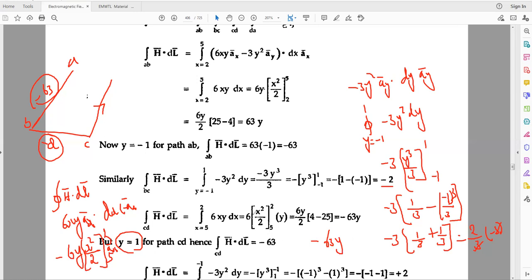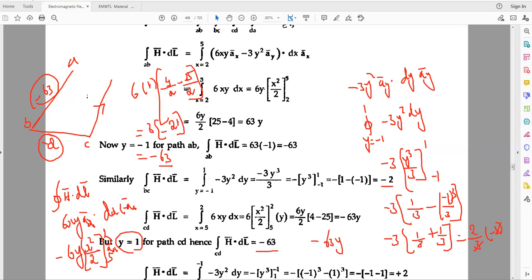Okay, my dear students, it is 6 into y, where the y value is 1. We substitute y is equal to 1: 6 into 1 times x square by 2 from 2 to 5, which is 6 into 25 by 2 minus 4 by 2. It becomes 6 by 2 is 3, into 21, which is 63. So at y is equal to 1 we get minus 63.